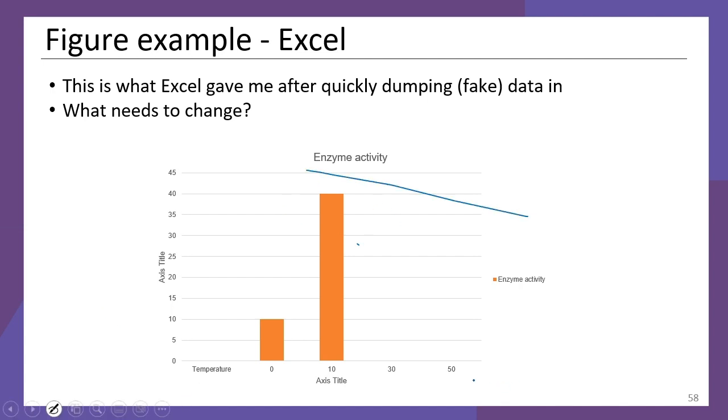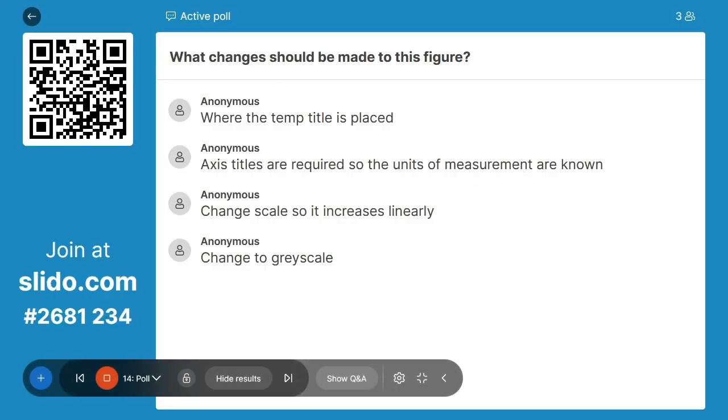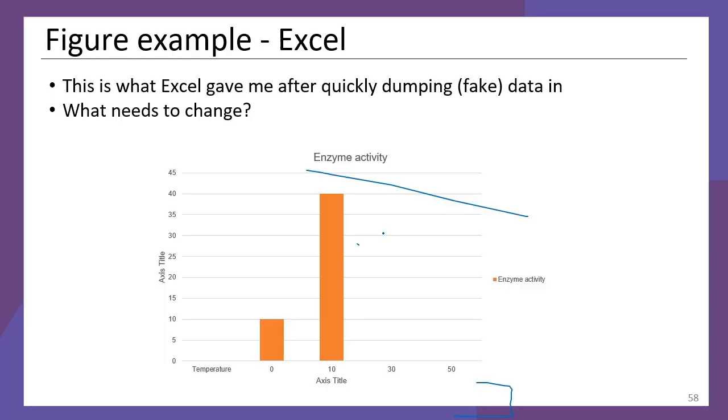What's in here? Yeah, so with the temperature title, that's fine. There's something missing there. You could probably imply it, but do you think this is in Kelvin, for example? From the figure, we have no idea.